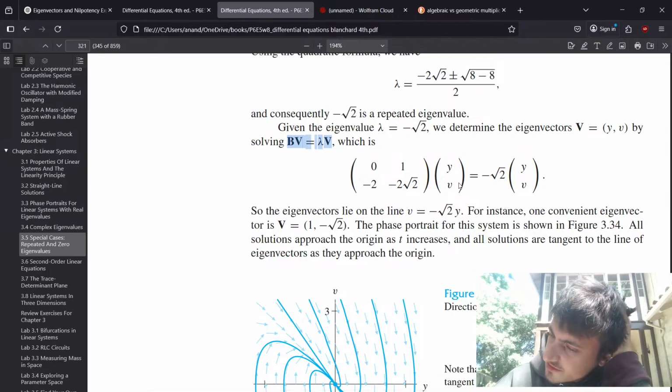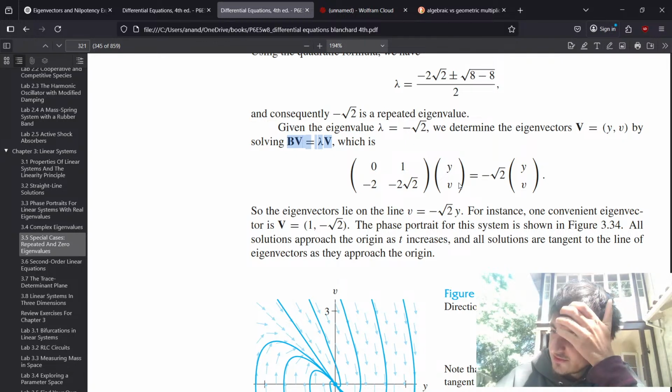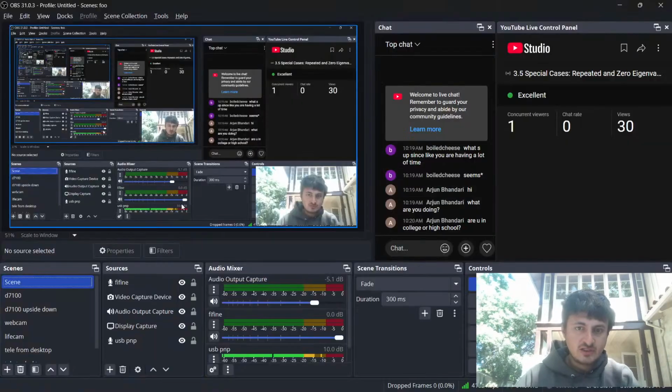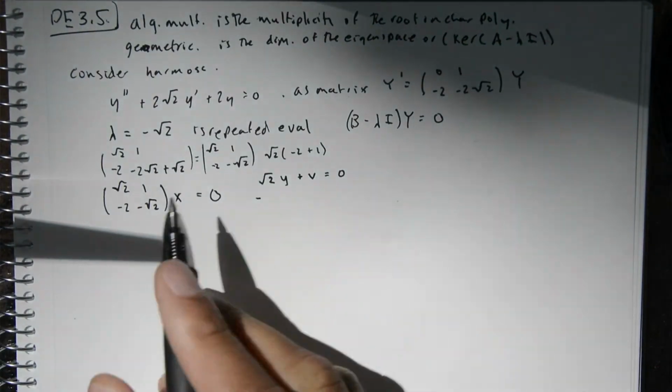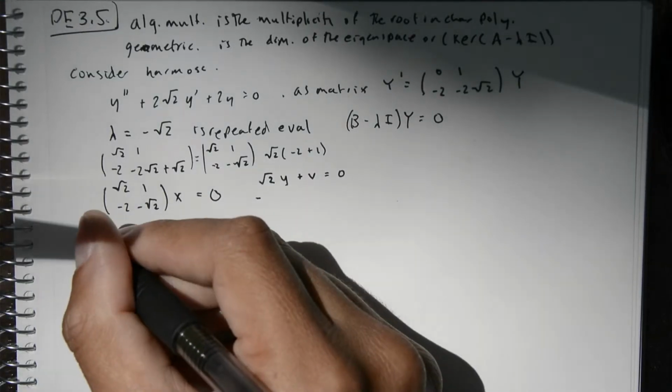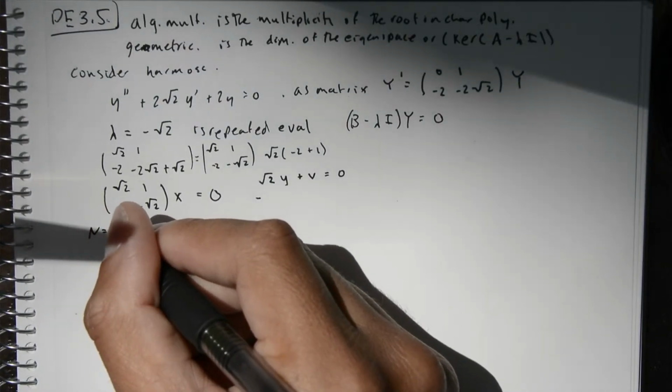So we could look at the equations and we could say that root 2 times y plus v is equal to 0. And then, here, I'll just show my work because I don't know what they're doing. So this is that N equal to A minus, or what do they call it?